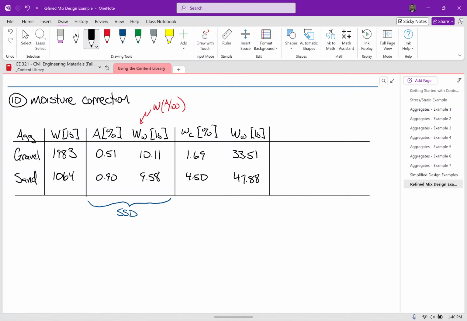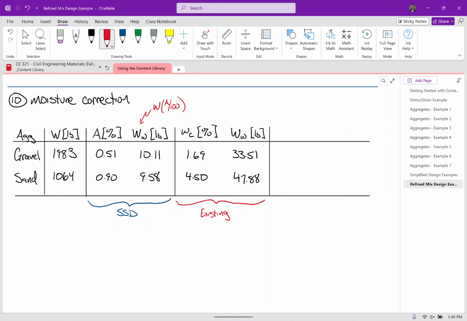This is how much water is in the gravel if the pores are completely full but the surface is dry. But this is how much is actually existing. So, is there excess moisture in this gravel? Yes, because there's more water here than there is here.